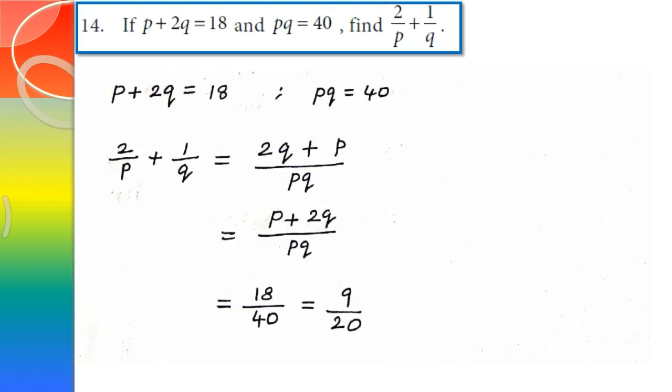So next step, change the values, P plus 2Q, P written at the front side. So P plus 2Q by PQ. P plus 2Q value is 18, PQ value is 40. So 18 by 40. Substitute the question values. Reducing the answer, 9 by 20 is the simplest form of 18 by 40. That is the answer, 9 by 20.